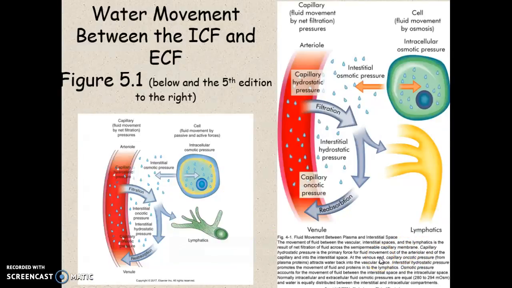They're pretty equivalent, but I figured I'd put both in there. In the 5th edition, you also have the figure legend right here. This figure is very important and will be referred to many times when talking about the various body systems.